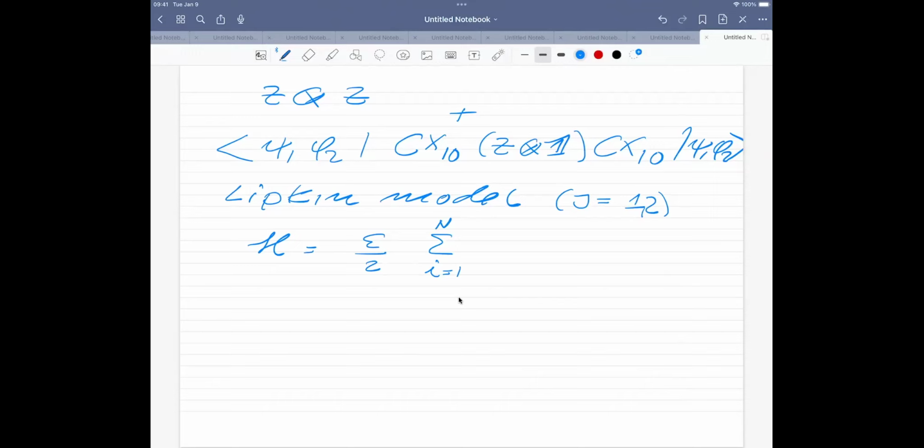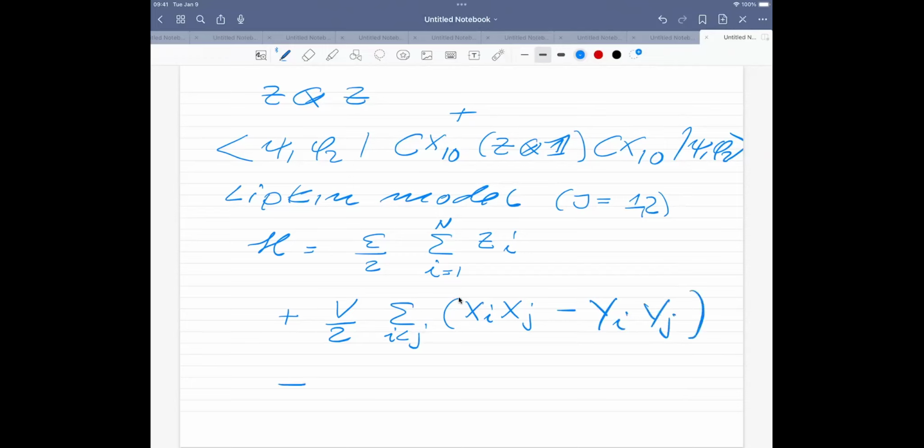And this is given by a string of Pauli Z matrices. Then there is a new term where we have a sum over i less than j, so this is a double sum. And we have a Pauli X_i times a Pauli X_j matrix minus Y_i and Y_j. And then there is a new term, so there should be a minus sign here, sorry.